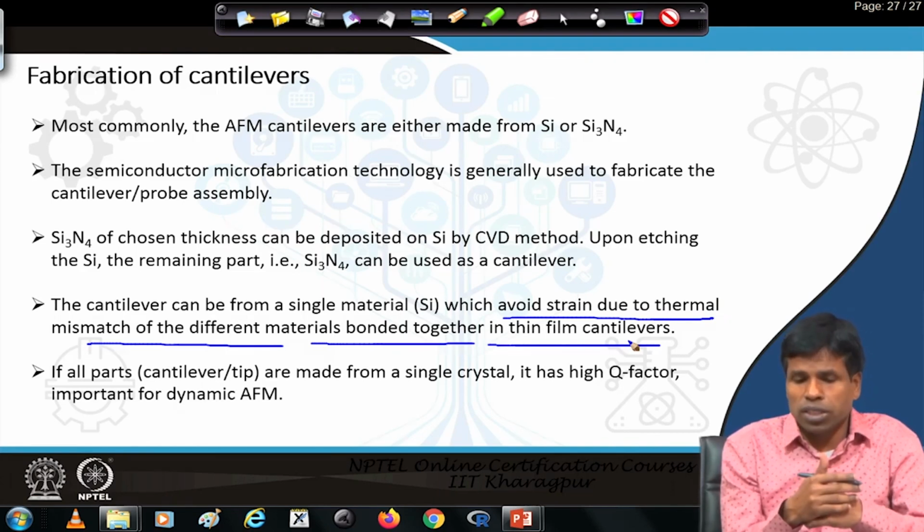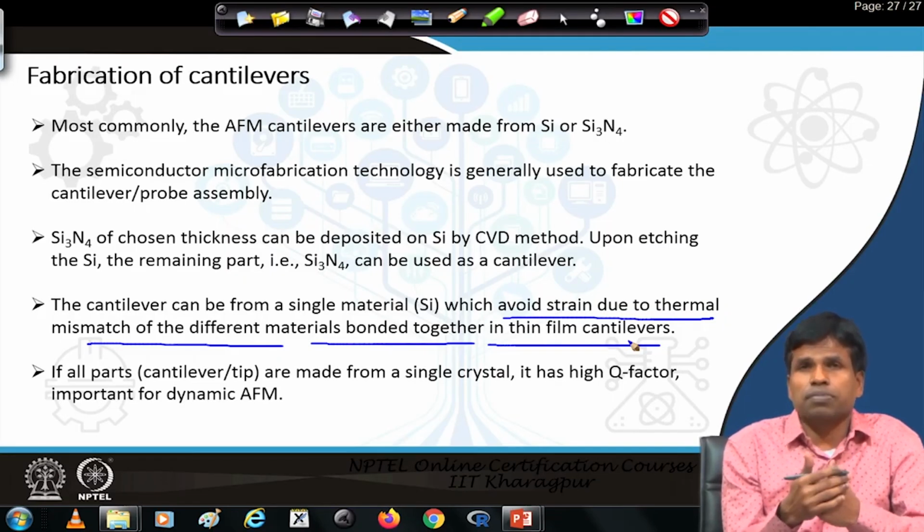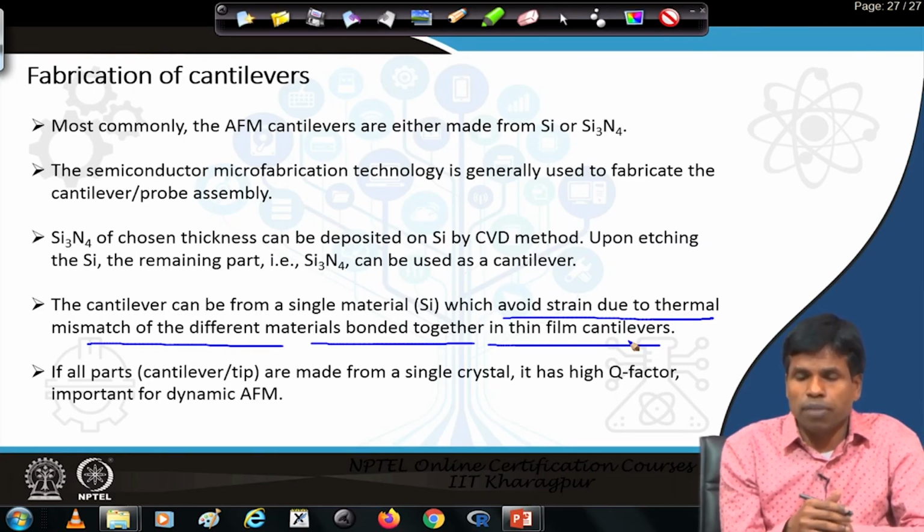So at a higher temperature, there will be a thermal mismatch creating stress in Si3N4, and that stress can cause problems at a later stage. Therefore, using a single material could avoid the strain due to thermal mismatch of two different materials when thin film technology is used to fabricate the cantilever.